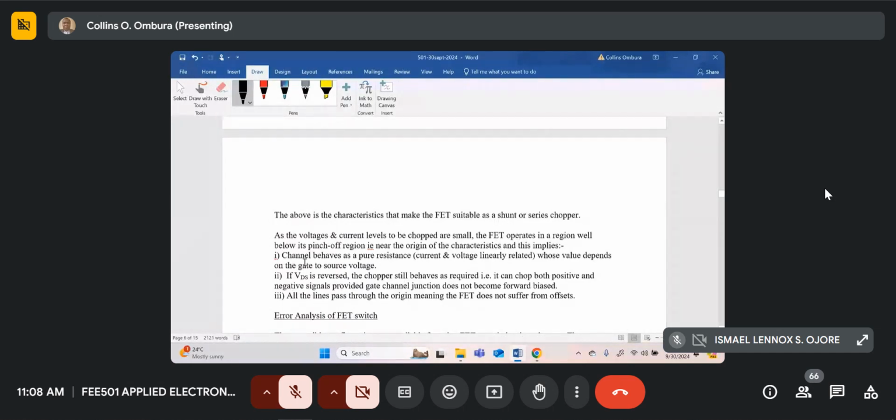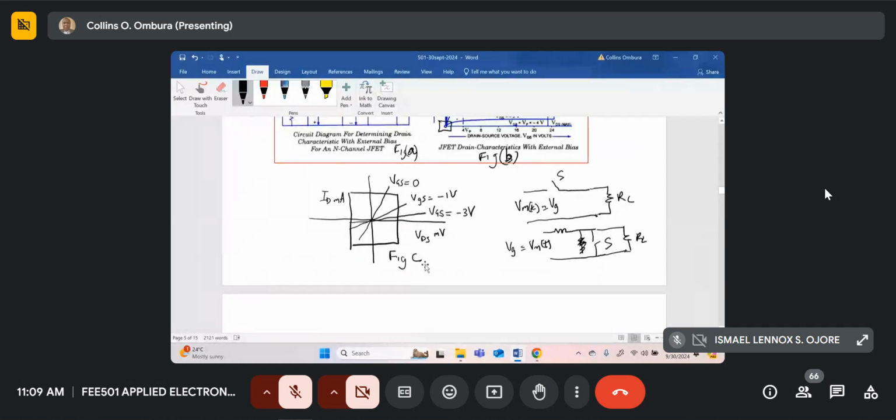Number one, the channel behaves as a pure resistance, i.e., current and voltage are linearly related, whose value depends on the gate to source voltage. Okay, that's correct. So this is just what it means.